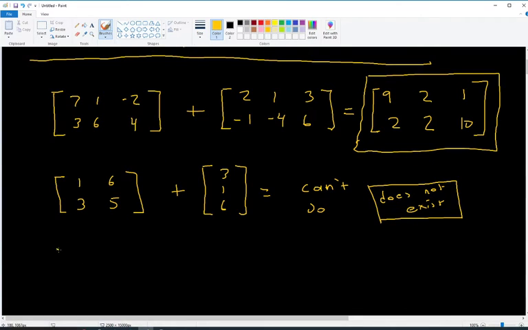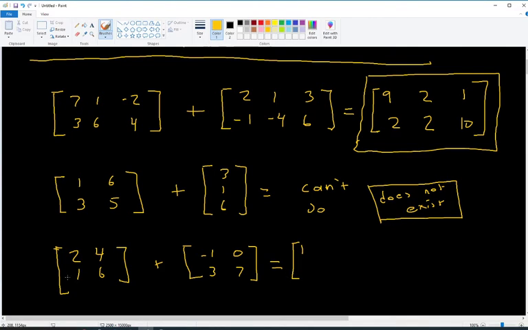And as long as the matrices are the same size, then when you go through and you add them, it just works out like you want it to. So 2 plus -1 is 1. 1 plus 3 is 4. 4 plus 0 is 4.